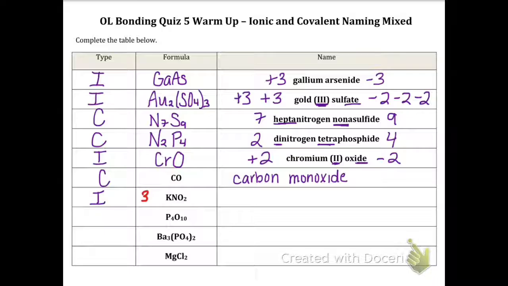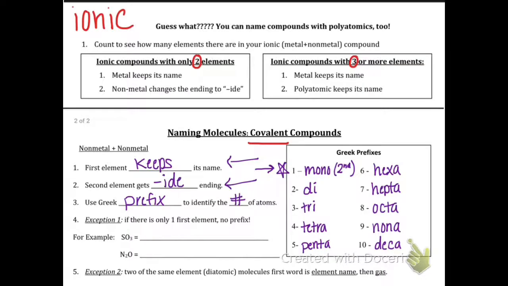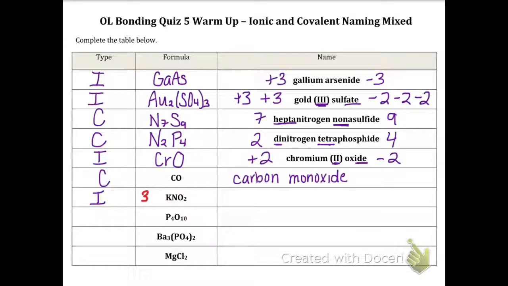What does that mean for us? According to the rules here, that means a polyatomic is in that formula. So metal keeps its name, and we got to look up the name of the polyatomic and write it exactly the way it is. So here, K is potassium. So I'm going to write potassium.